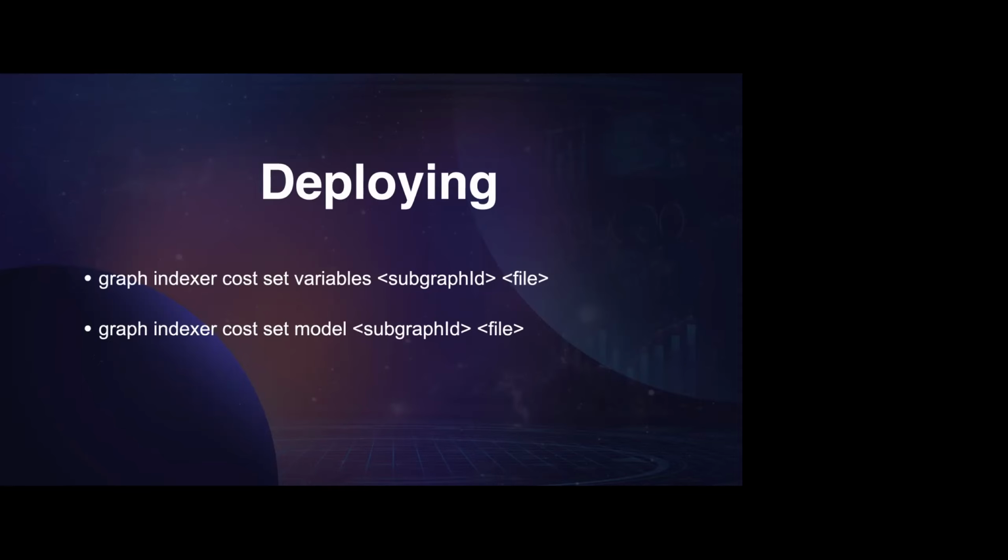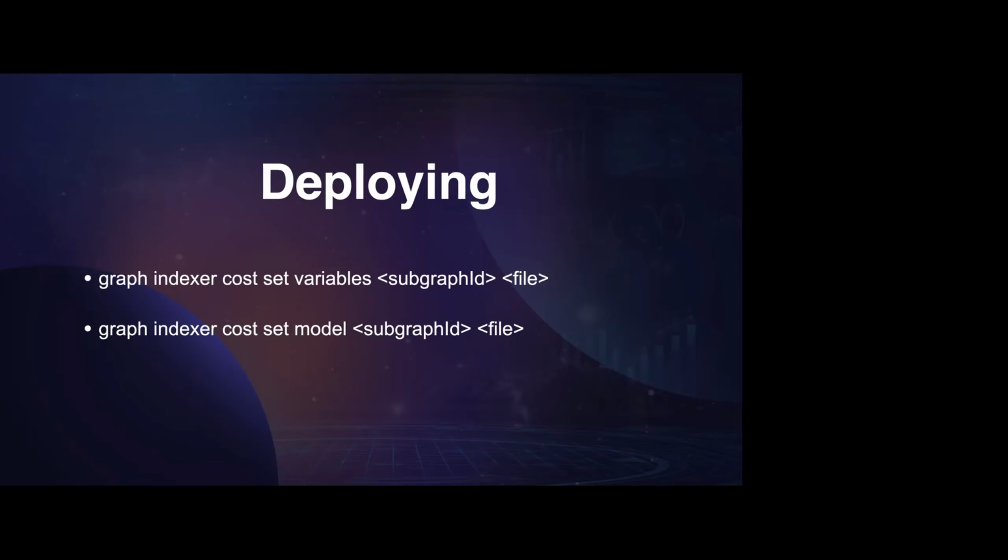And there's also another command for setting the model itself, which you're expected to do a bit less frequently because that would usually require human intervention and a changing strategy of how you want to do your prices. Again, links to documentation are going to be on the last slide, so you don't need to memorize this. But there would be these two commands in the indexer CLI that you would use to deploy your cost model.